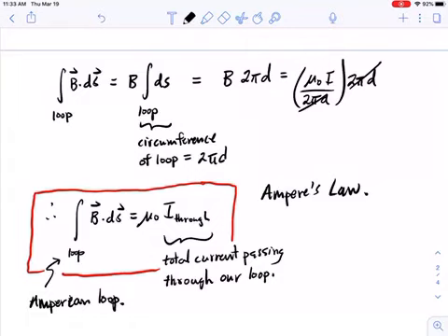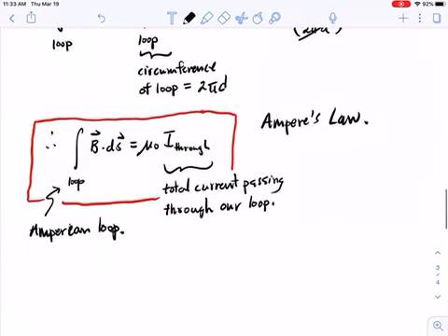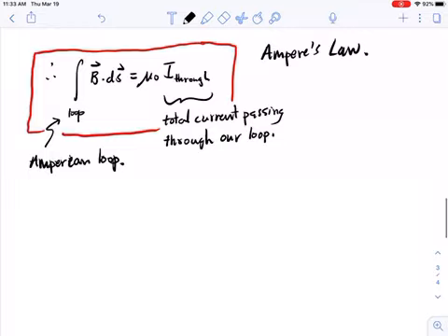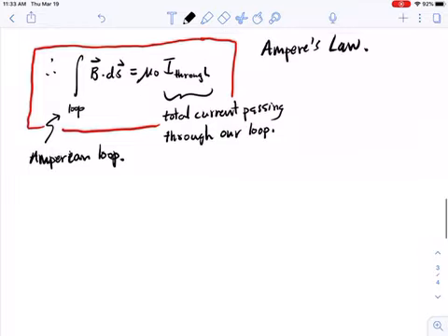And so I want to do the same problem, but we're going to choose a different kind of closed path around the current.